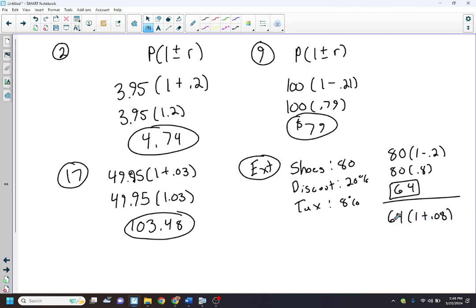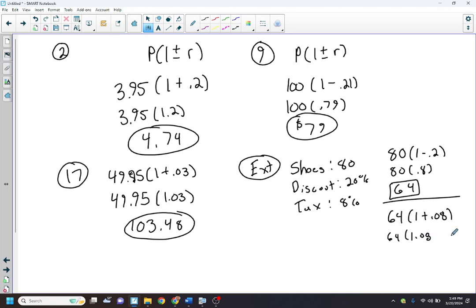So 64 equals 1 plus 0.08 because I'm paying taxes on only the things I'm paying for. And since I'm only paying $64, I had to figure out what's my discount first and then figure out my tax. So 64 times 1.08.